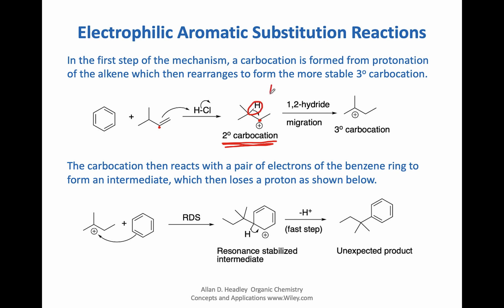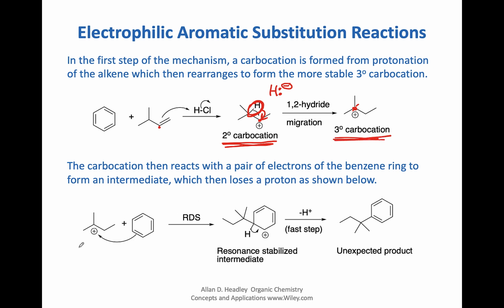Remember, hydride is H with its pair of electrons and a negative charge. If this entire H with the electrons migrates over to here, we have a positive charge right here, which is now a tertiary carbocation. So this is more stable.